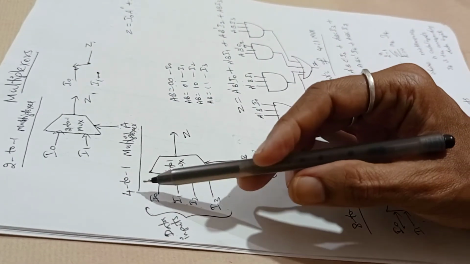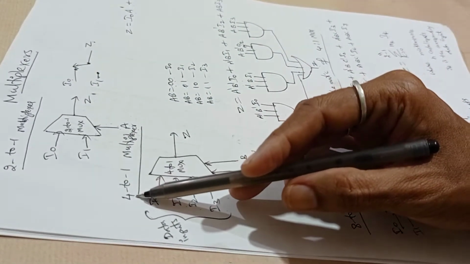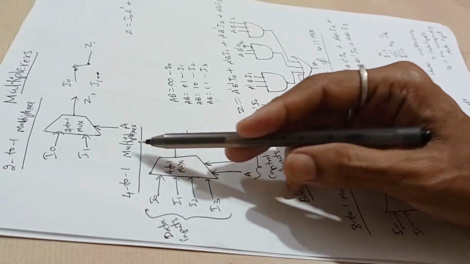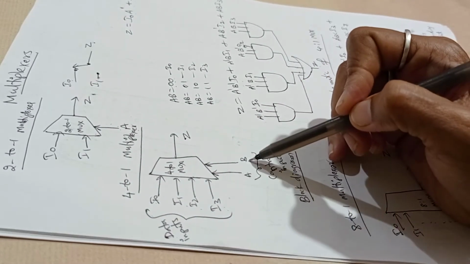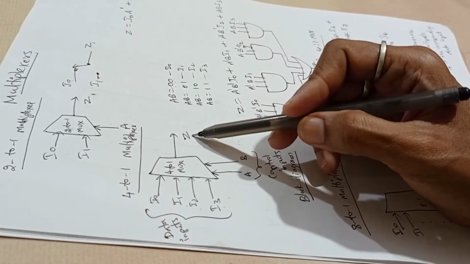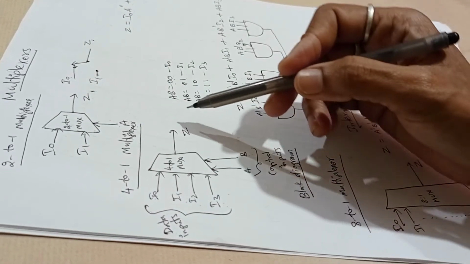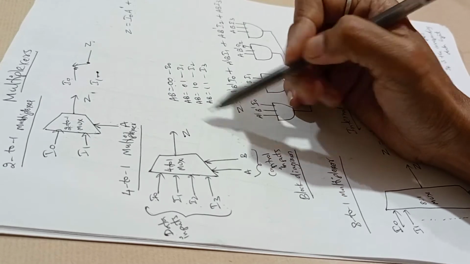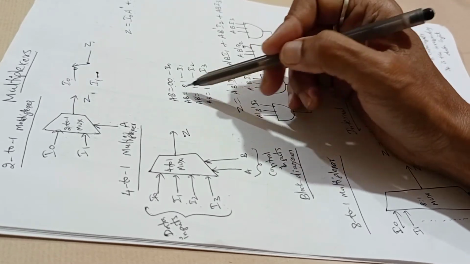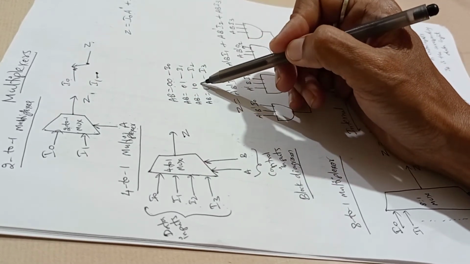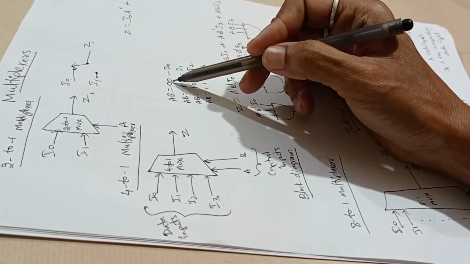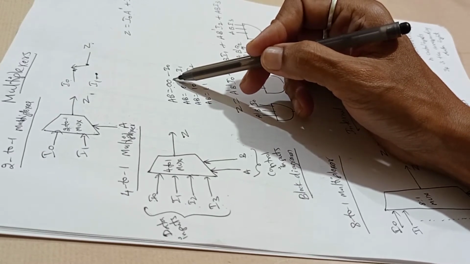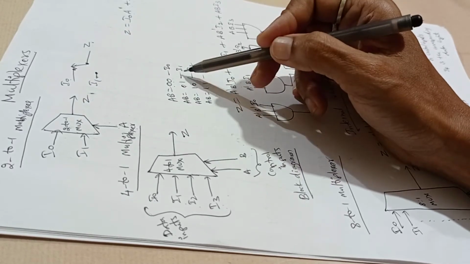Now we'll design a 4:1 multiplexer. This consists of 4 data inputs and 2 control inputs, and Z is the output. For these AB control inputs, the combinational values are 00, 01, 10, 11. I0 is selected when the control lines are 00, and we go on like this.